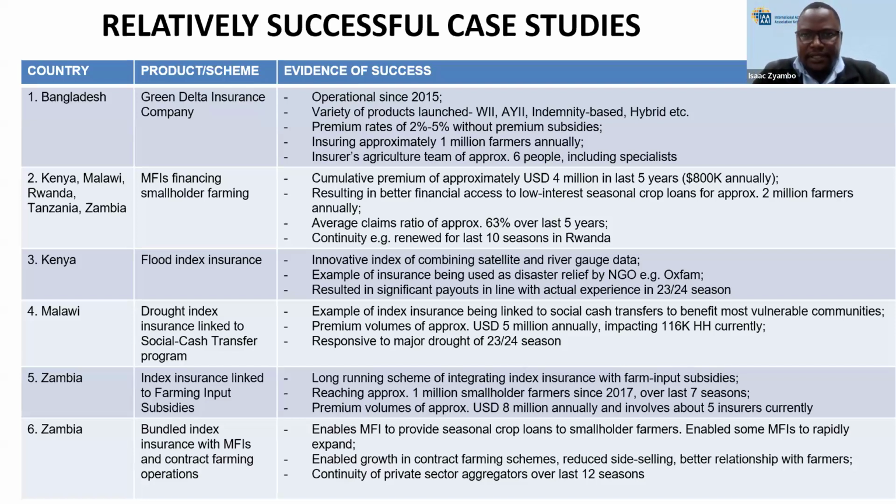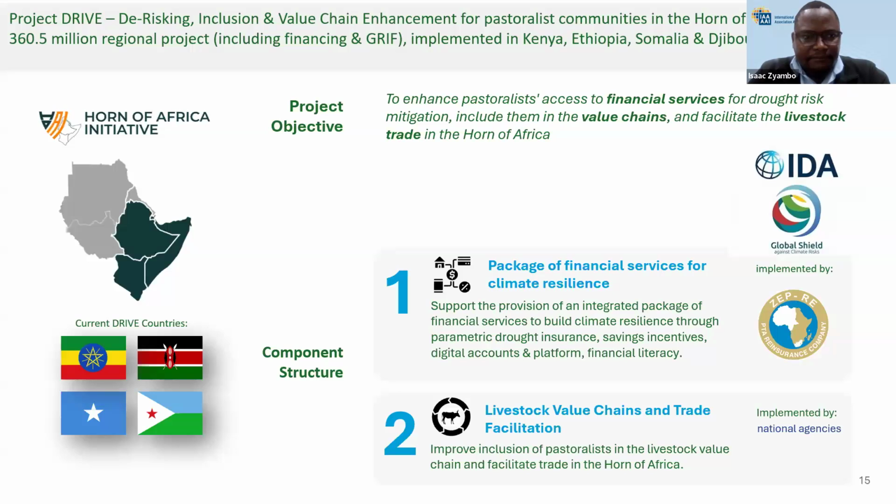As an example, maybe we can go to the next slide. There is one project, and of course we can discuss more in the Q&A section, but just to highlight, there is a project that ZEPRI is implementing. So in this project, ZEPRI is both implementing agent as well as reinsurer, called DRIVE.